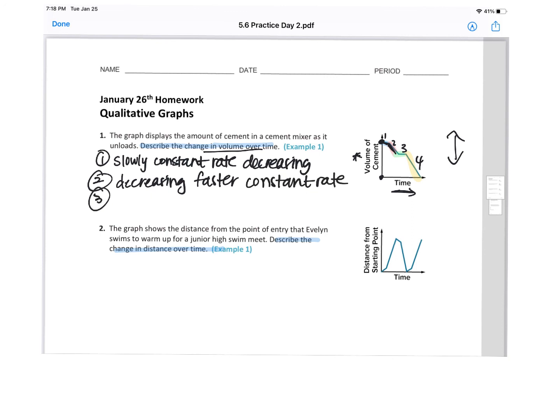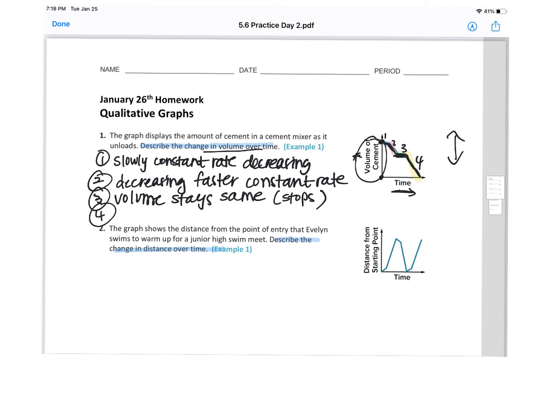Okay. And then part 3, nothing is changing. The volume is staying the exact same, right? It's not going up. It's not going down. Again, I'm always looking at this part. So here, the volume stays the same, or basically how much cement is in there stays the same. So it stops. Maybe it stops for a break or something like that. Okay. And then in graph 4, now it looks like it's unloading for a period of time.